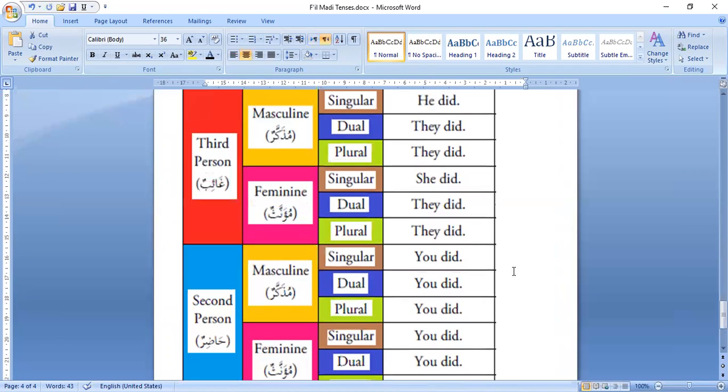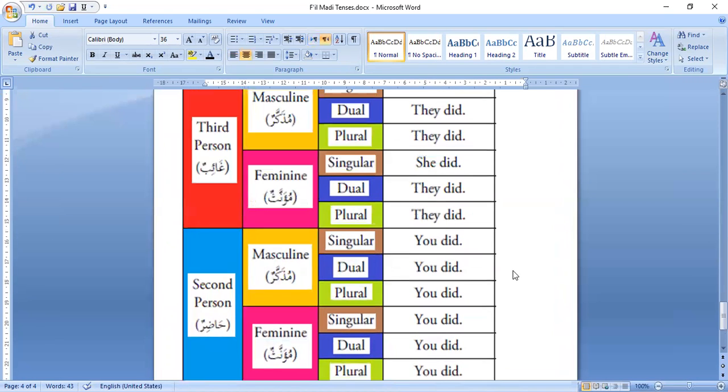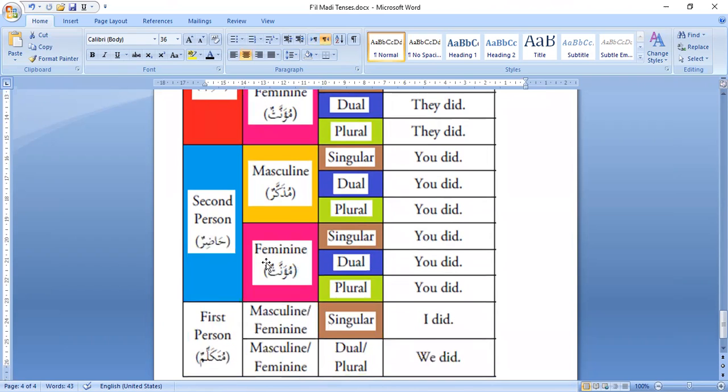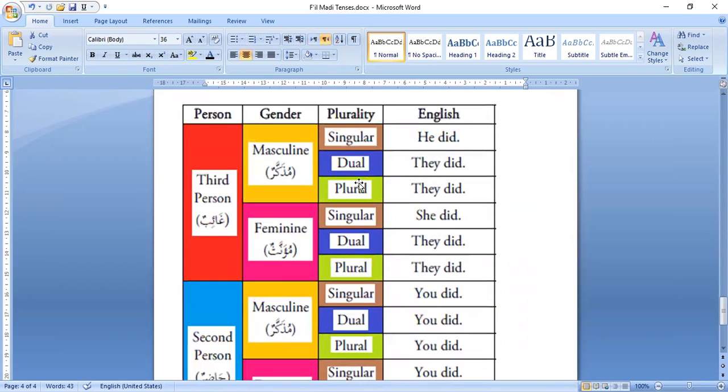You would always follow this order. So whichever you do, the first is third person masculine singular, third person masculine dual, third person masculine plural. It's always the same: masculine, feminine, and singular, dual, plural.